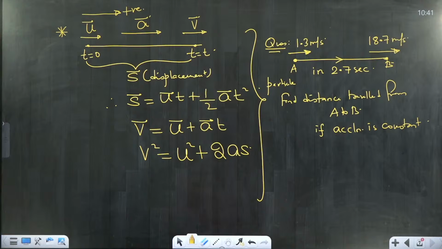Yes, let me know how this can be found. If anyone can tell me, just write and explain in short how we can find this value. Okay, I am getting a few correct answers, a few wrong answers.